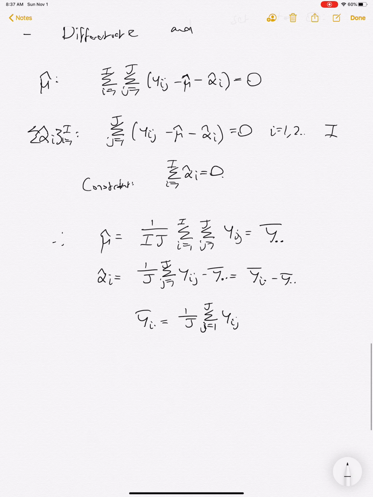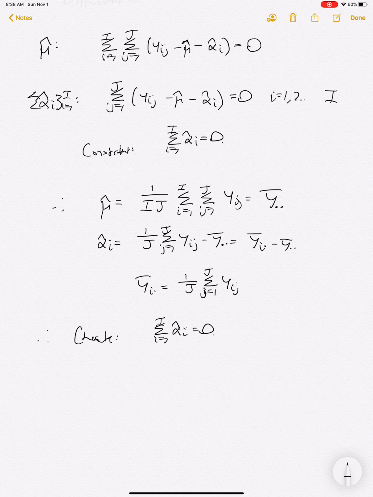This makes intuitive sense. You can check that the summation i equals 1 to I of alpha hat i is equal to 0. That's straightforward to check because the overall mean should be equal to the mean of the means of the groups. The calculation is probably secondary here, it's just differentiation. What's more important is that the interpretation makes a fair bit of sense.